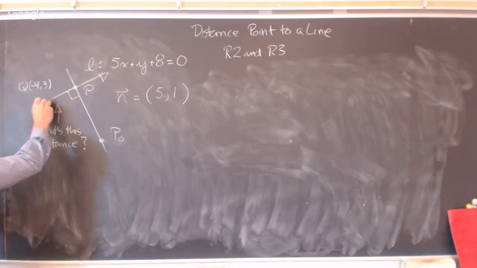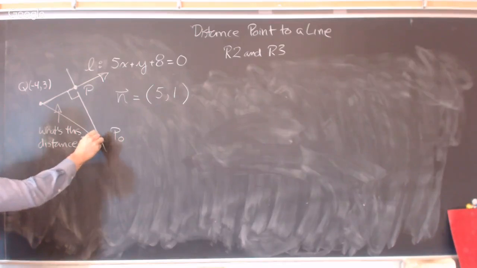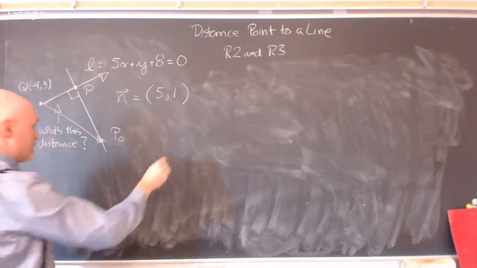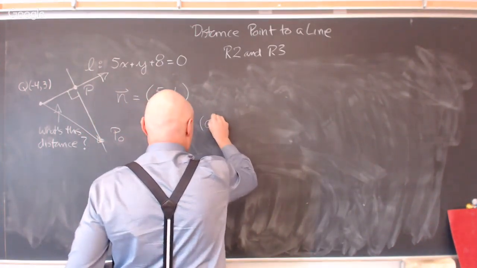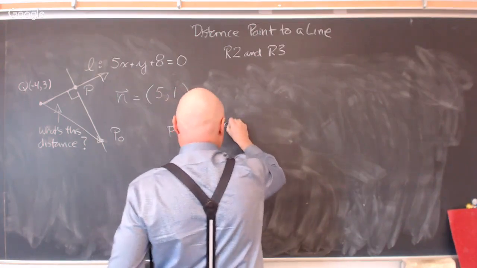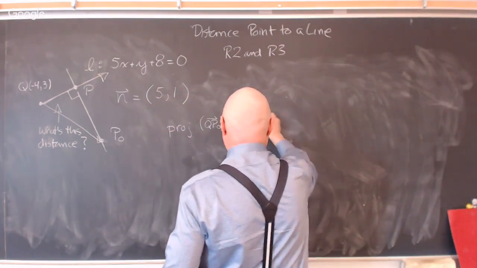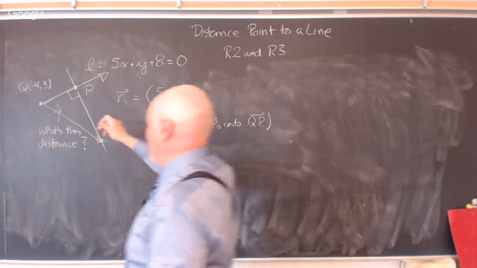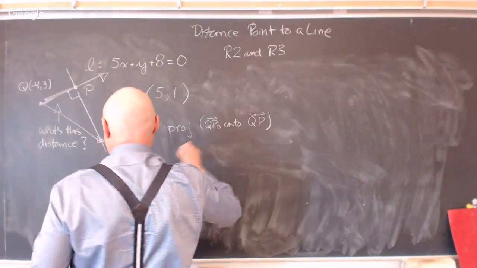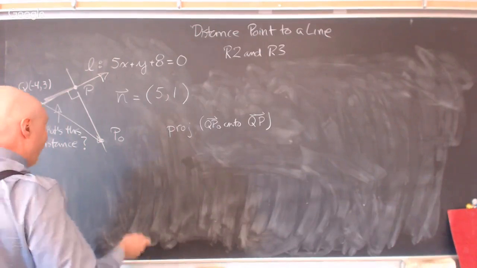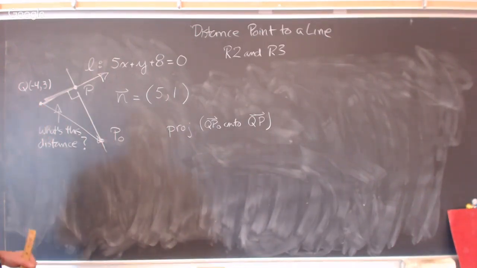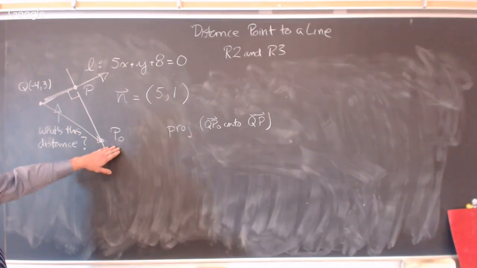I can find this vector QP, or the magnitude of this distance, by projecting this vector, QP naught, onto QP, okay? So the projection of QP naught onto QP is going to be this distance. So I'm just projecting. In other words, I'm just finding a magnitude.